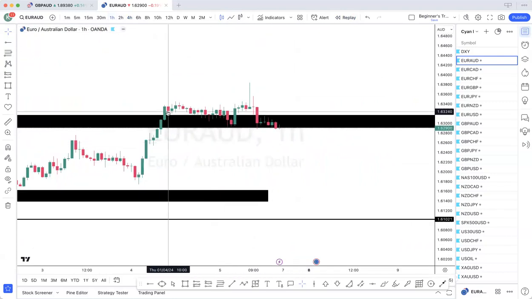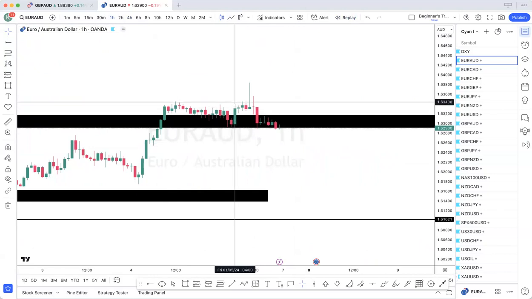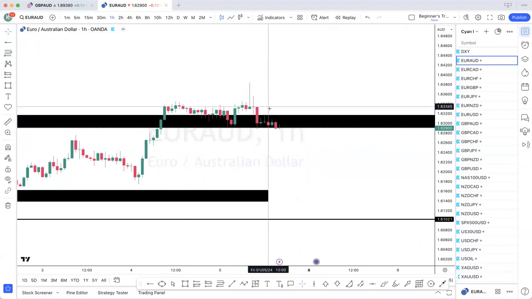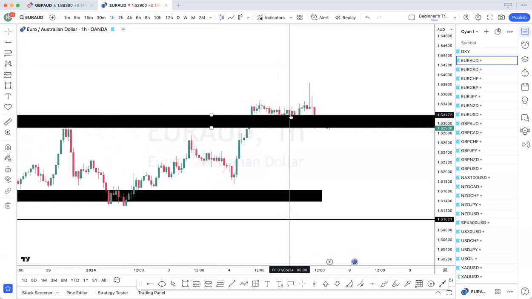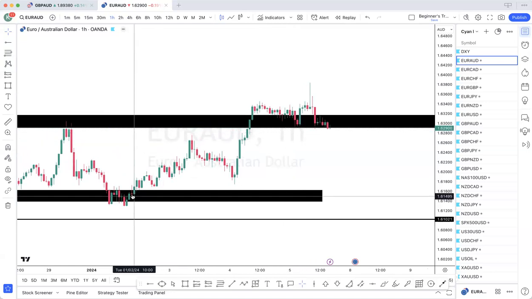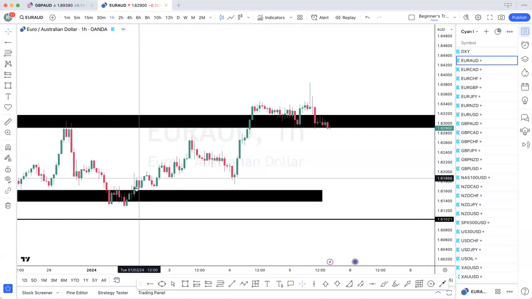So, like I said, I like to see it push out and then pull back and give me an order block. I guess once this trade was lost, this would have been the order block where it gave me an order block back in the zone.